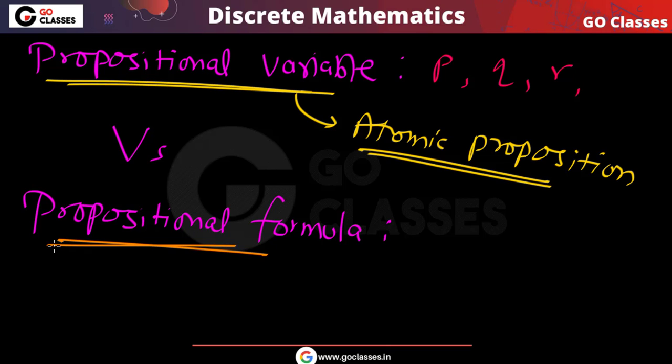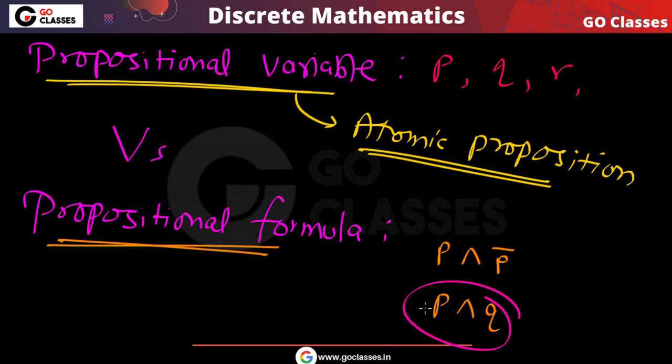But notice propositional formula. For example, p and p bar is a propositional formula. P and q is a propositional formula. So the truth value of a propositional formula will depend on the truth value of these propositional variables. This is the difference between propositional variable and propositional formula.